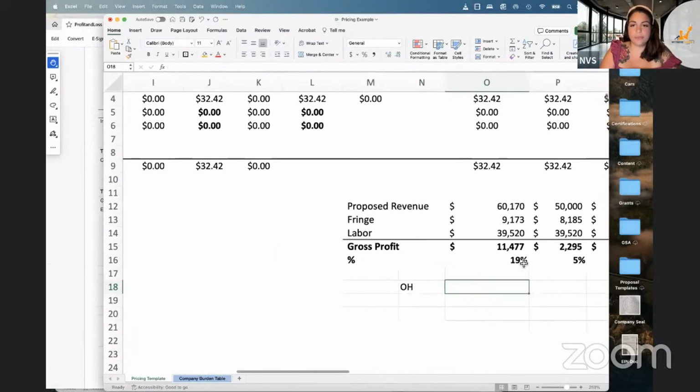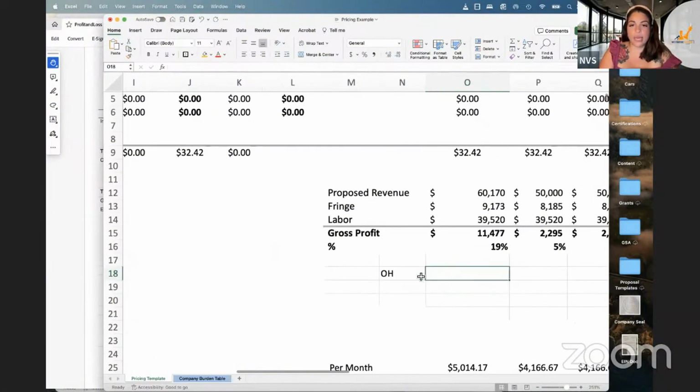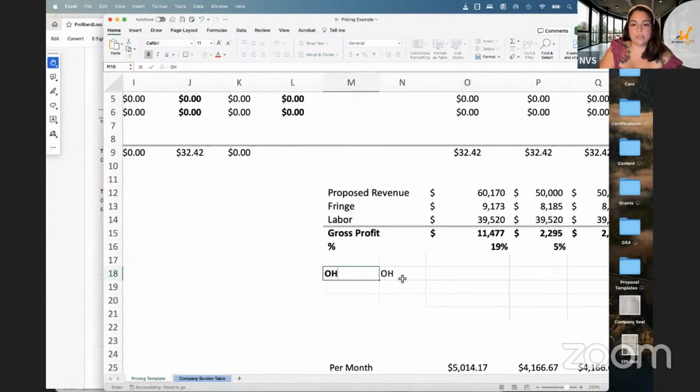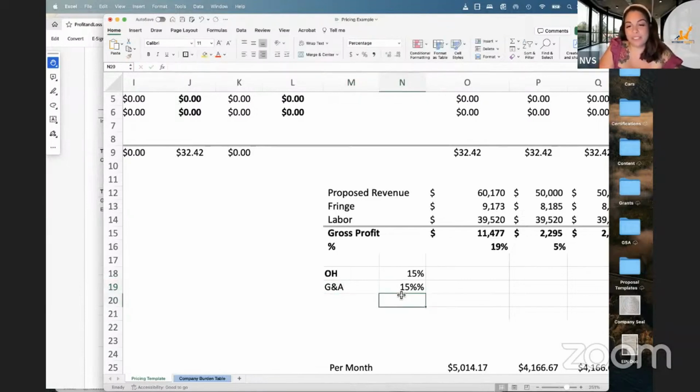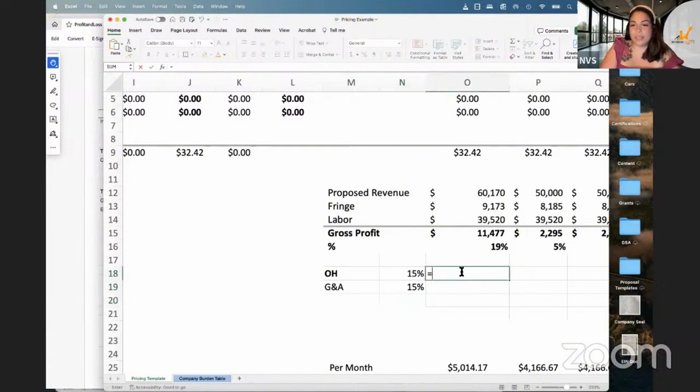Let's say my overhead is at 15%. I would hope it's higher than that, because then you have some explaining to do. And you have your G&A, and let's keep everybody at 15%, right? Let's say that's that. So then out of that 11,477, $477.